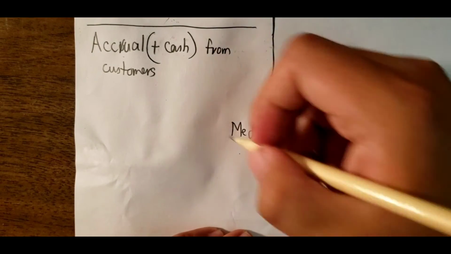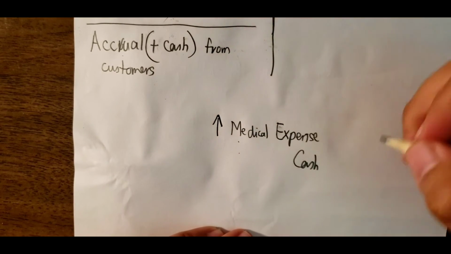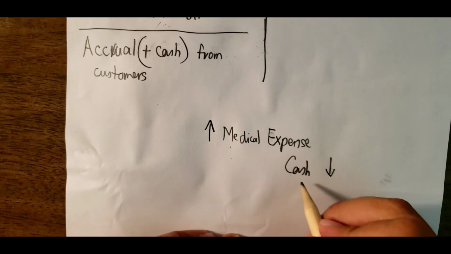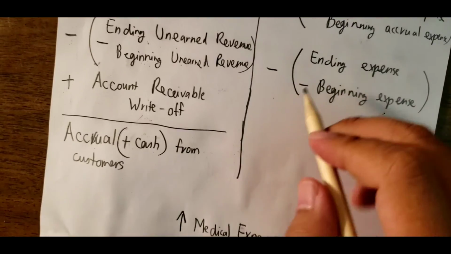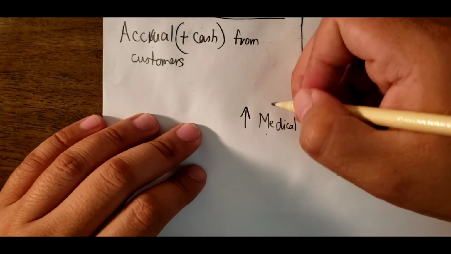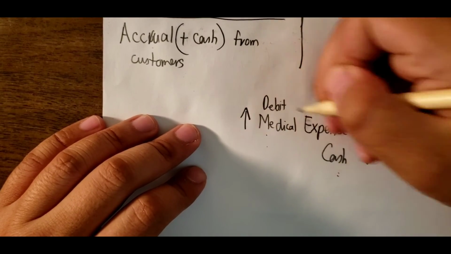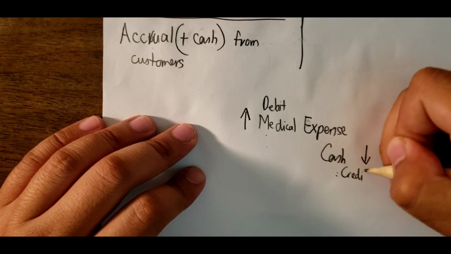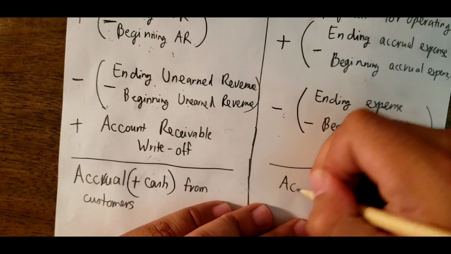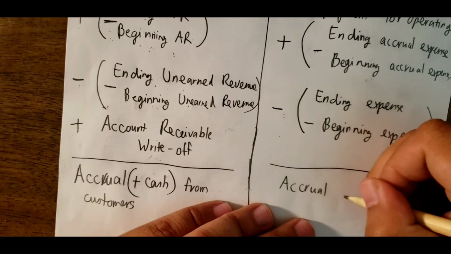So here medical expense will increase but cash reduces, so that's why we reduce the cash in here. That's why we need to have the minus sign in here. So this one for the debit, this one for the credit, so that we have the accrual expense.